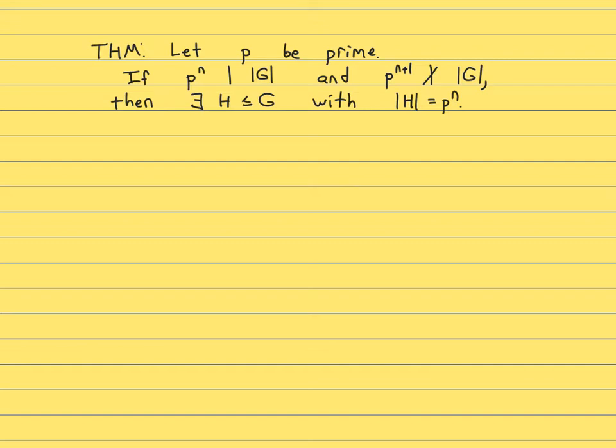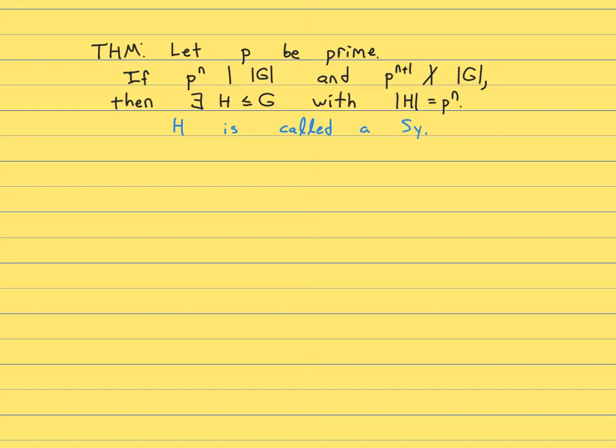As I mentioned, later we'll prove that groups of order p to the n have subgroups of order p to the k for any k less than or equal to n. So the main step is to prove this one. And such a group is called a Sylow p-subgroup.